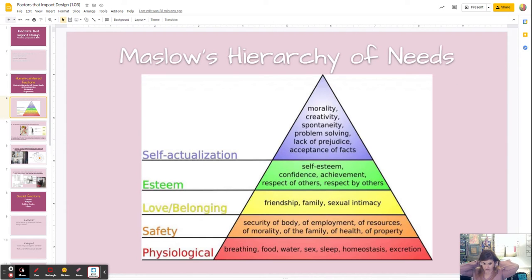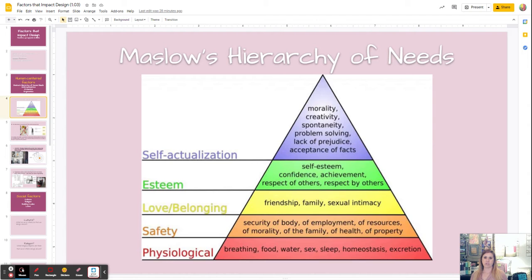So Maslow's hierarchy of human needs. I would pause right now and write this in the triangle that I provided for you. So Abraham Maslow was a theorist, like a psychologist.